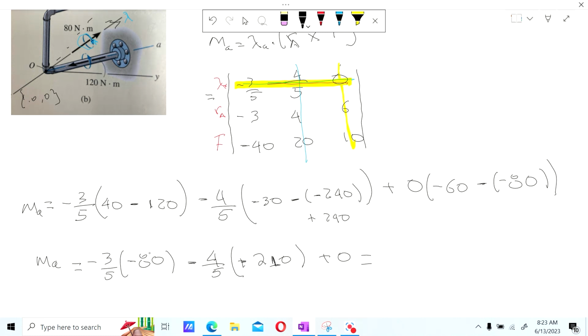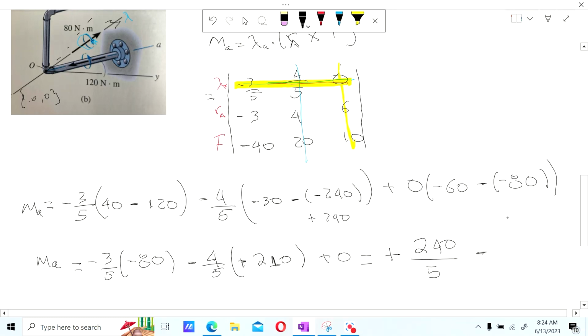Okay, so we simply have to compute this now. Negative 30 and negative 80 is positive. 3 times 8 is 24. 240 divided by 5. And this is negative 4 divided by, let's use the calculator for this one.